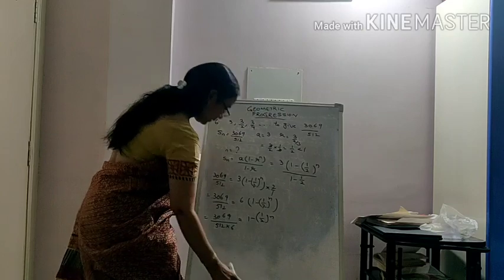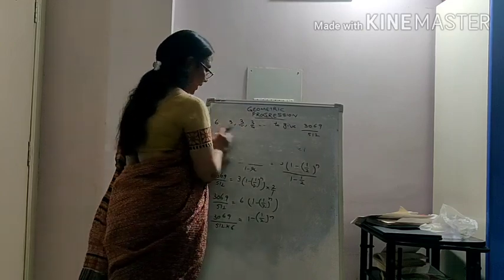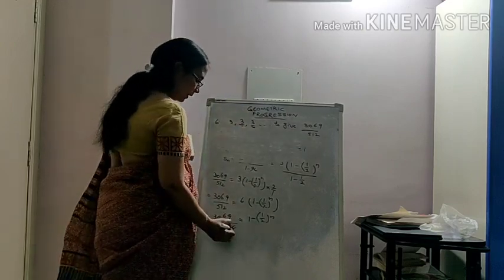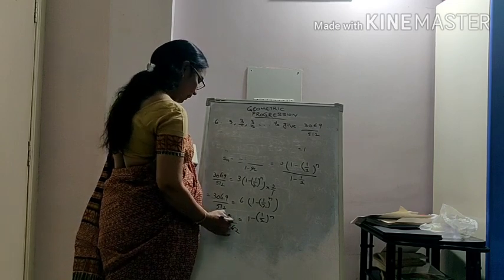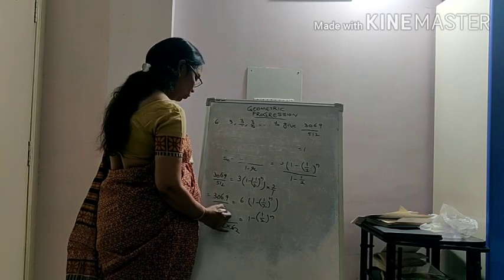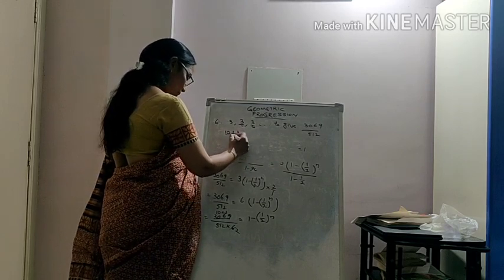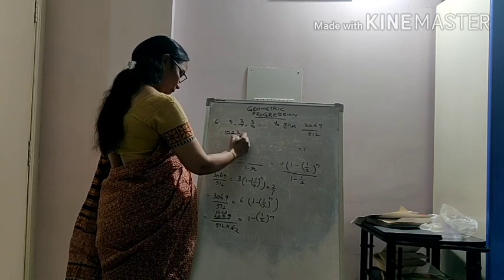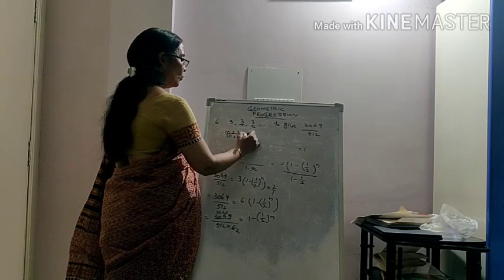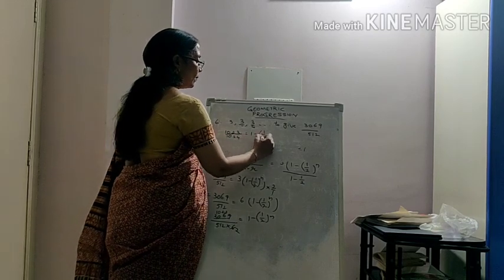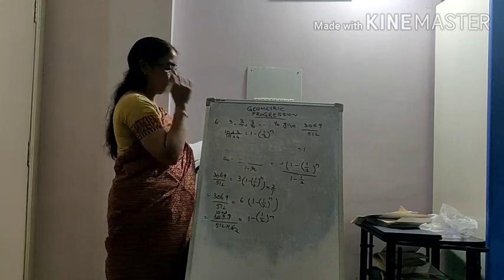This time if we cancel it, here 3 will go 2 times and this will go 1023. So we can write 1023 upon 1024, 1 minus 1 by 2 to the power of n.